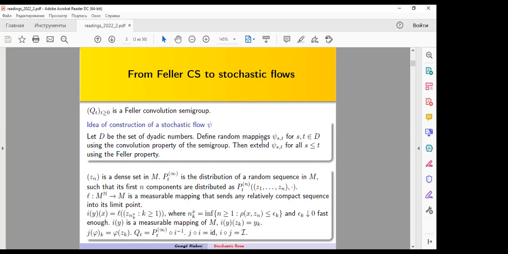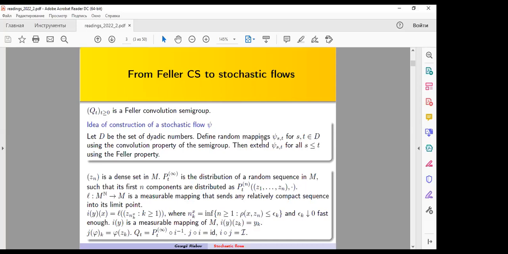So this is a distribution of positions where Z1, ..., Zn will go under our mapping from the flow. Also, we proved the existence of function L. So it is a measurable mapping from sequences in M into M, and it sends any relatively compact sequence into its limit point.